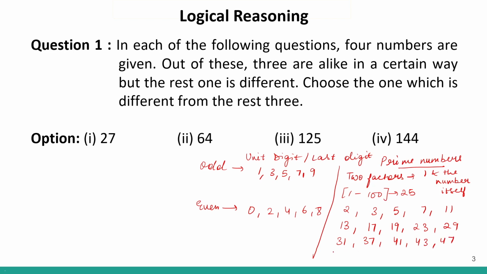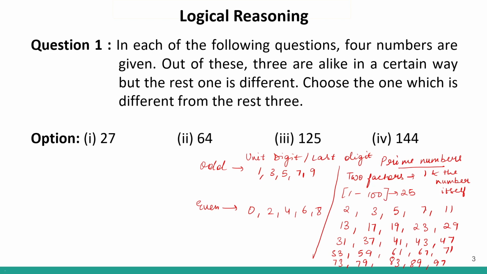Then we have 53, 59, 61, 67, and then we have 71, 73, 79, 83, 89 and 97. So these are your 25 prime numbers that we have.